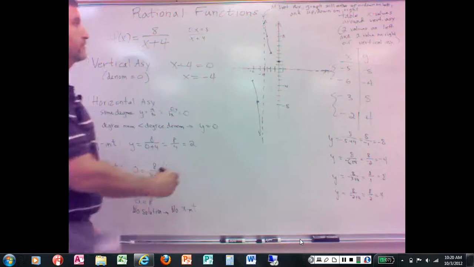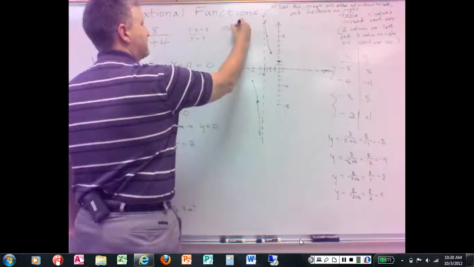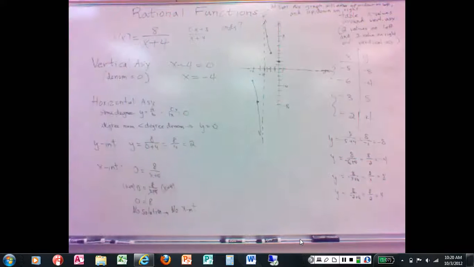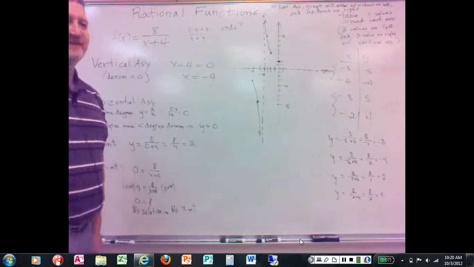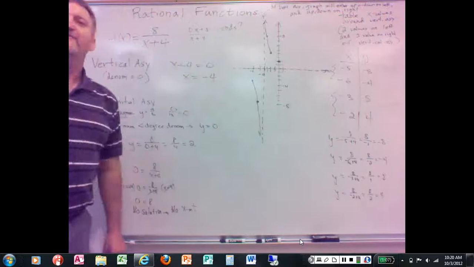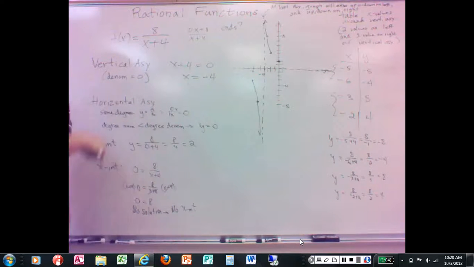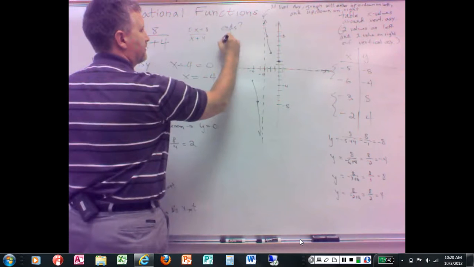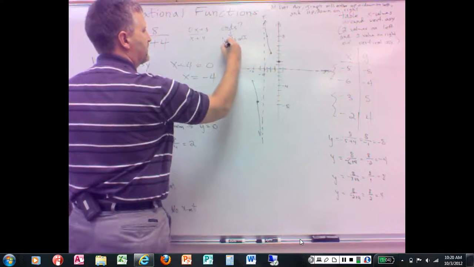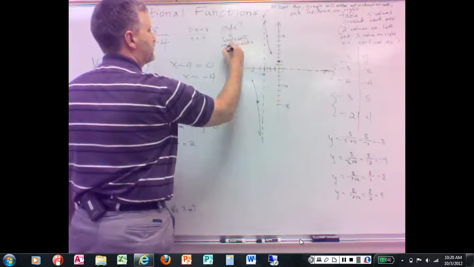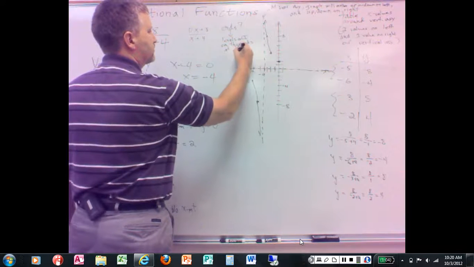Okay? What does that leave us? The rest. Well, what about the ends? When I wrote that down, what happens at the ends on a rational function? It levels off. Where does it level off for these? Horizontal asymptote. So it levels off on the ends at the horizontal asymptote, for both ends.